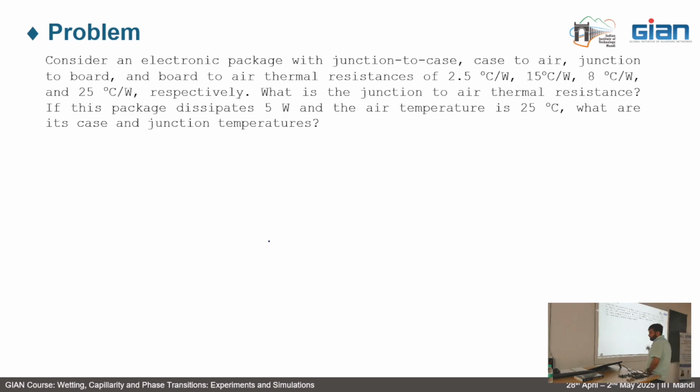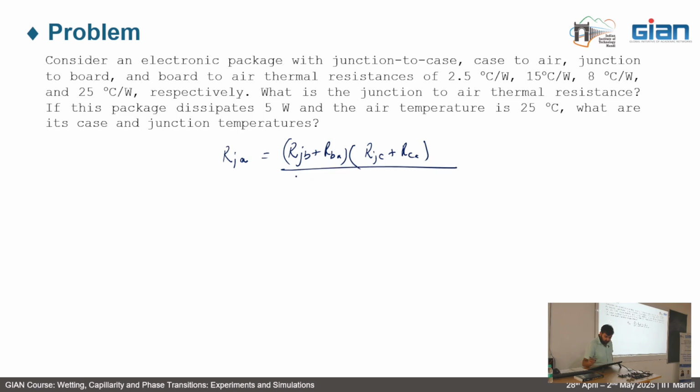So the first part is quite simple. I think you will be able to do it quite easily. So we can simply write R_JA is equal to (R_JB plus R_BA) times (R_JC plus R_CA) divided by the sum of all these four.